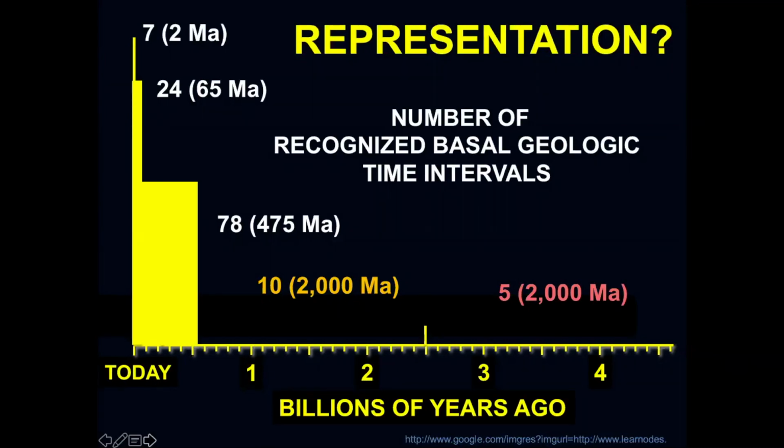In the last 2 million years, there's 7 time intervals that are recognized. In the preceding 65 million years, there are 24. In the 475 million years before that, there are 78. And then we go back to the 2 billion years before that, there are 10. And in the first 2 billion years of Earth's history, there are only 5 recognized time intervals.